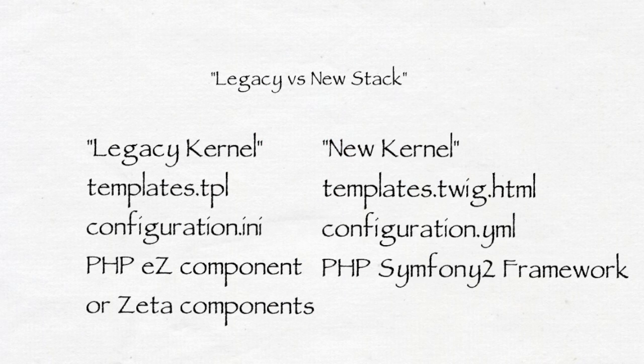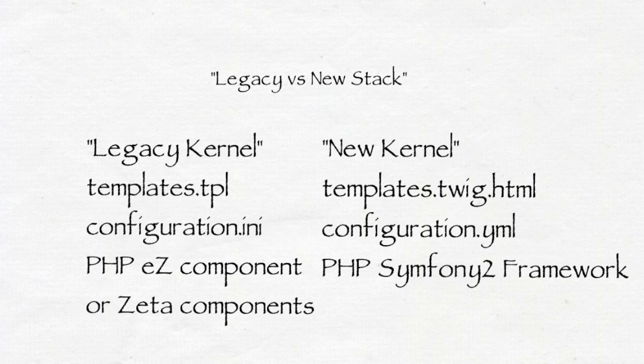So when you say you're going to use legacy stack or kernel, this means that you're going to use the proprietary templates that end with .tpl, configuration files that have the extension .ini, and for a PHP stack you'll be using Easy Components or Zeta Components. When we talk about the new stack or kernel, this means you're going to use the templates that are Twig based.